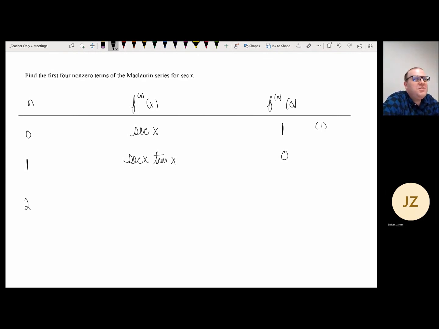Now we need a second derivative. Derivative of secant tangent.